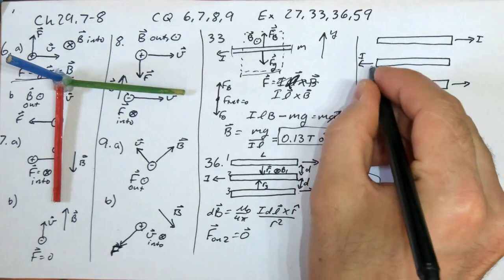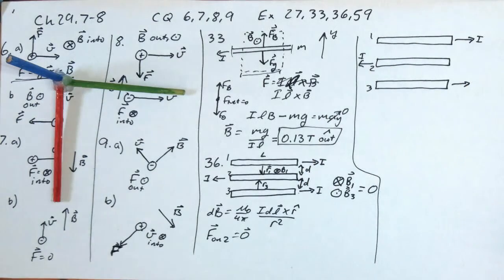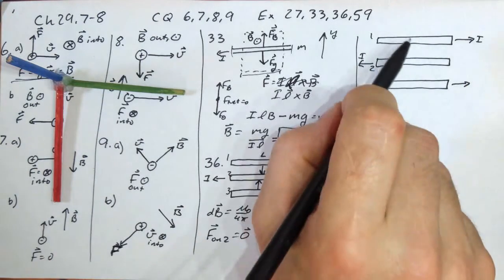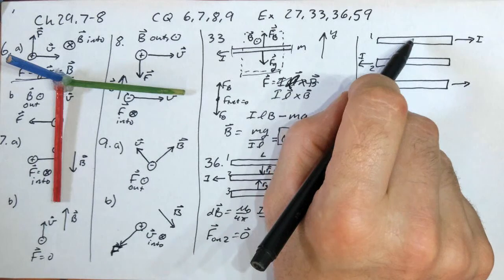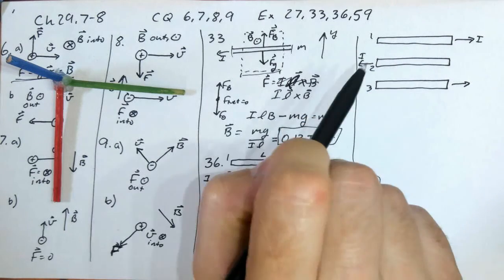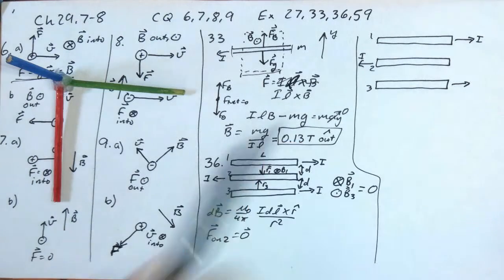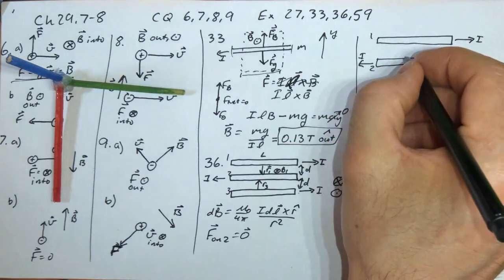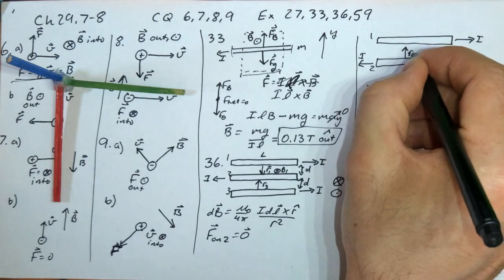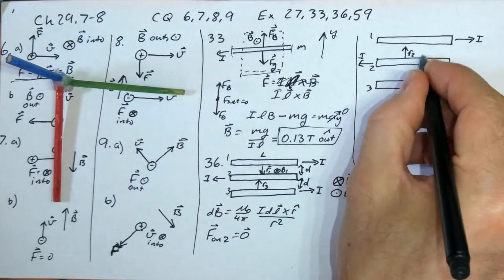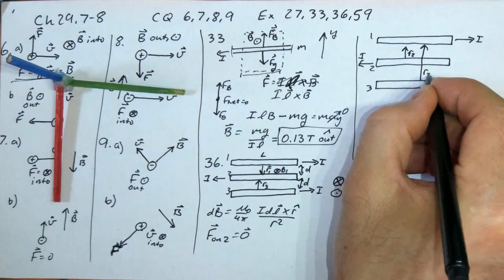So this is 3, 2, and 1. First, find the direction of the magnetic field here due to wire 2, and then again, the field here due to wire 3. Find those. Now R2 is up, and R3 is also up.